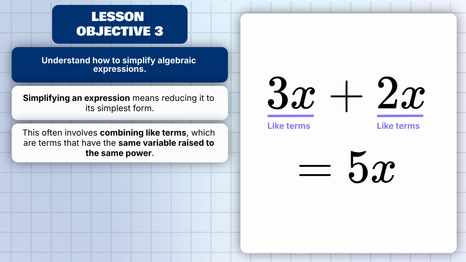To recap, algebraic expressions allow us to use variables to generalize numbers and operations. Equations and inequalities help us describe relationships between expressions. Simplification is key for making expressions easier to work with. By mastering this vocabulary, you'll be better equipped to understand and solve algebraic problems.